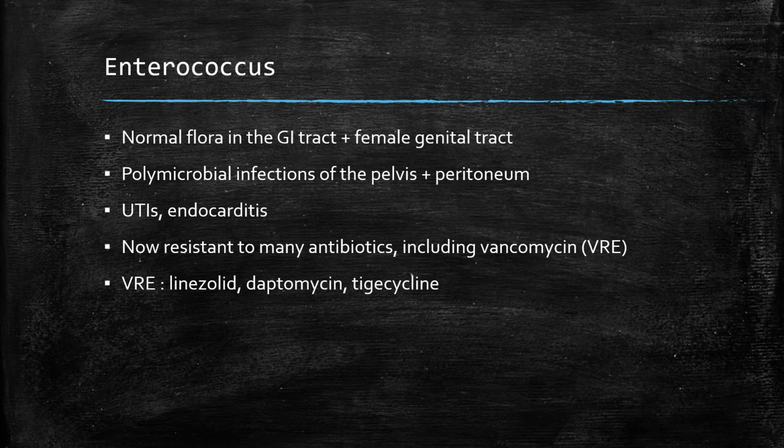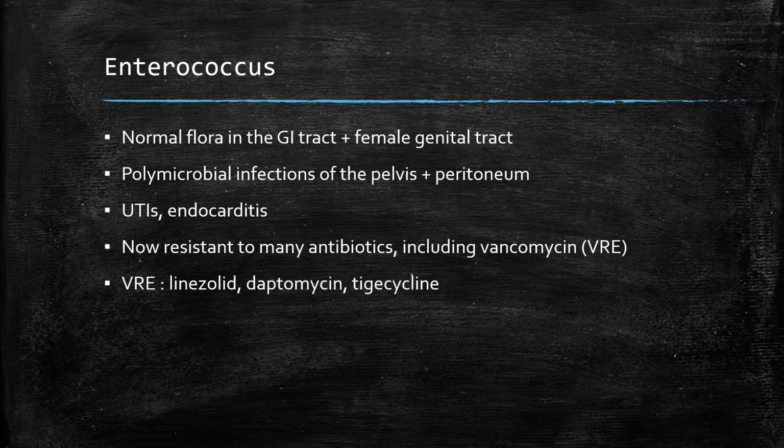Enterococcus is part of the normal flora found in the GI tract and female genital tract. When it is isolated from intra-abdominal or pelvic abscesses, it is usually part of a polymicrobial process that consists of gram-negative rods and anaerobes also.